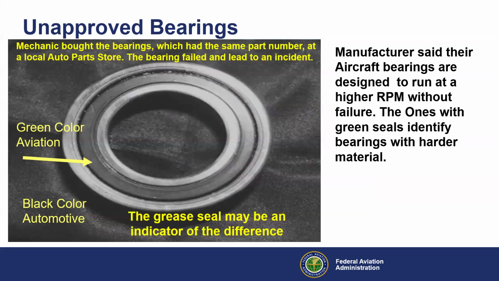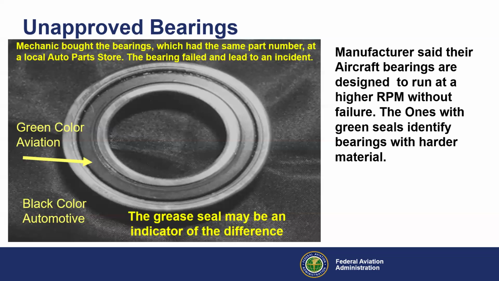Unapproved bearings. A mechanic bought bearings with the same part number at the local auto parts store. The bearing failed and led to an incident. Aviation bearings have the green colored seal, and the automotive have the black seal. So that was the difference.